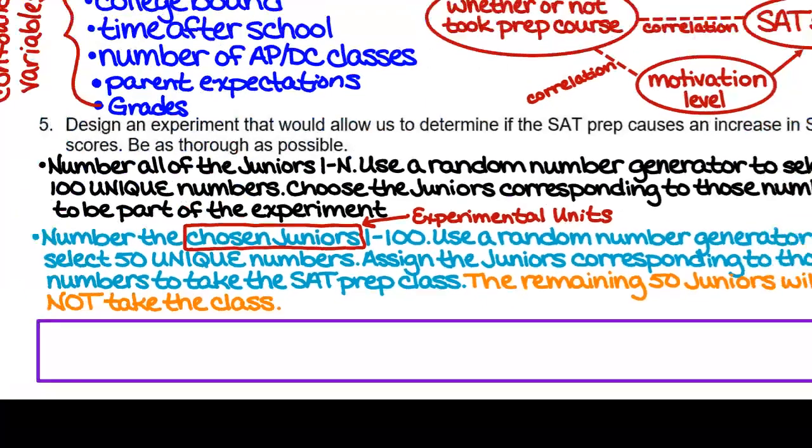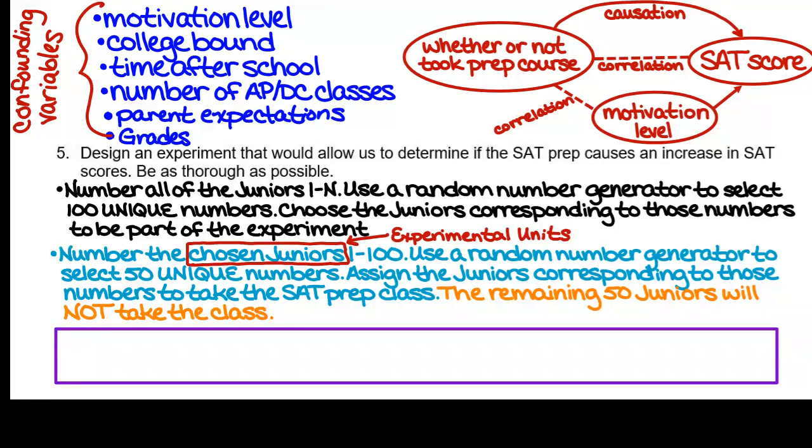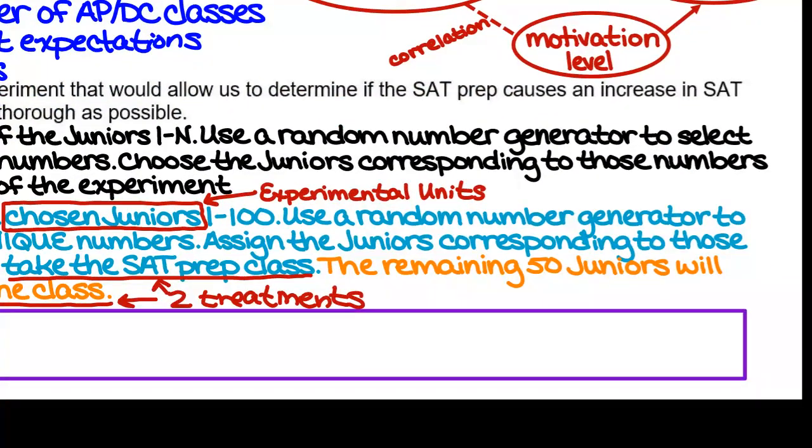So yes, we have 2 treatments: taking the SAT prep class and not taking the SAT prep class. We have 2 treatments here. And my groups should be roughly equal.